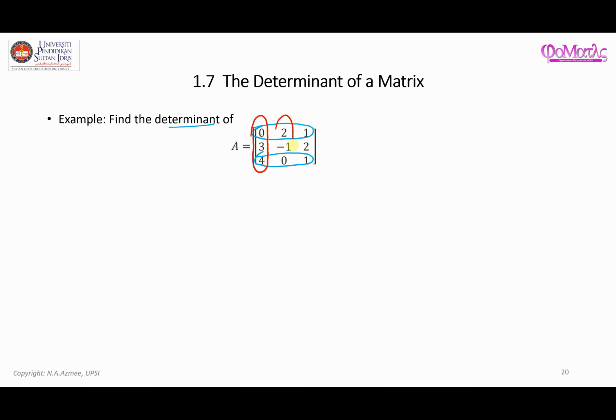Or I can also do the second column expansion, because here we've got 0. Okay, so I've got basically 4 options, and maybe we can start off by trying to find the determinant of the matrix using the first row expansion. Okay, so let us try and do that.